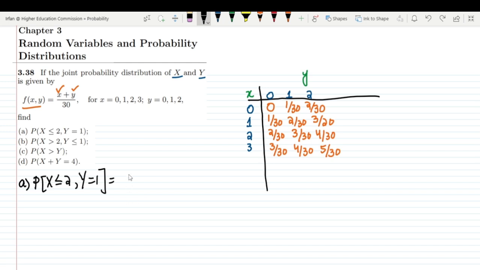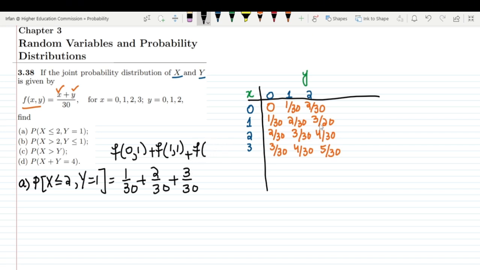So here I will have 1 by 30 plus 2 by 30 plus 3 by 30. These are the values where f is x is 0 and y is 1, f is x is 1 and y is 1, and for this value x is 2 while y is 1.